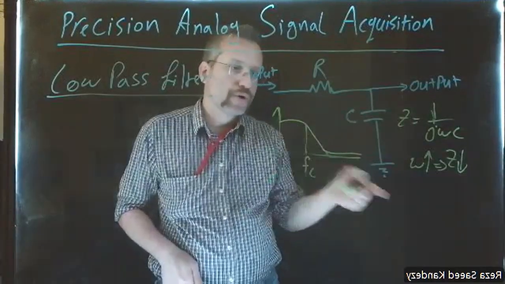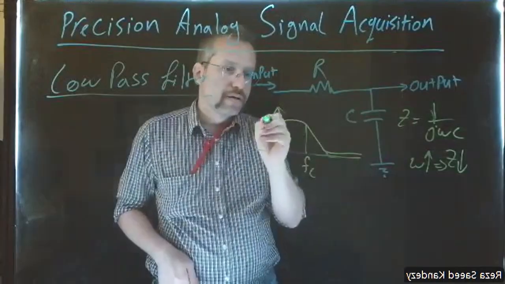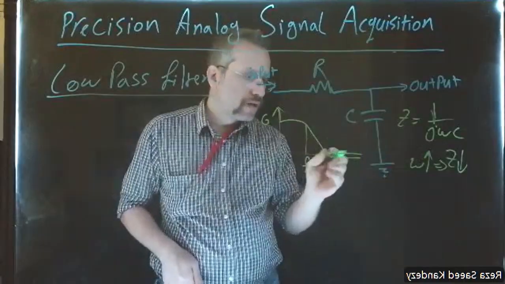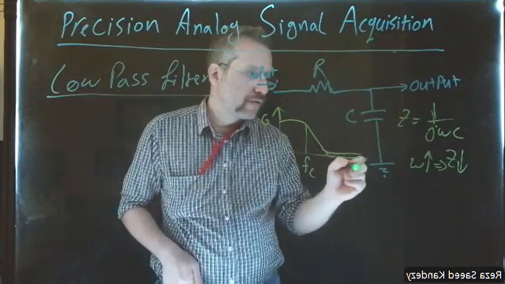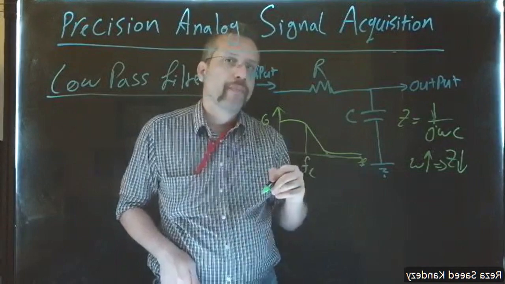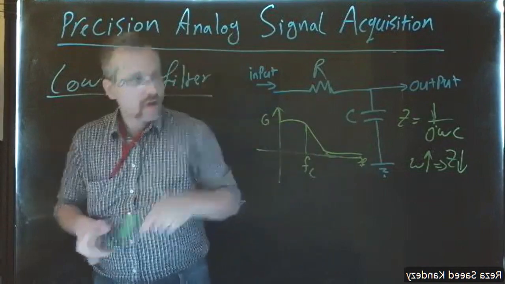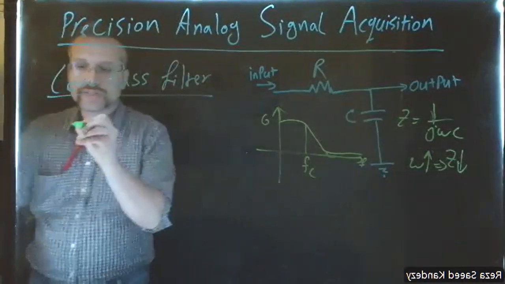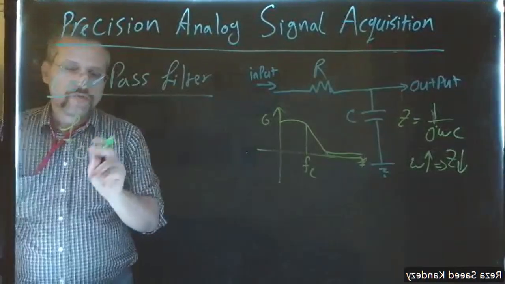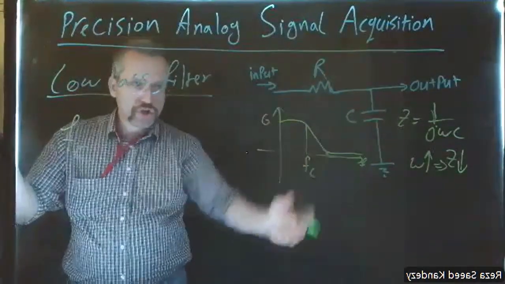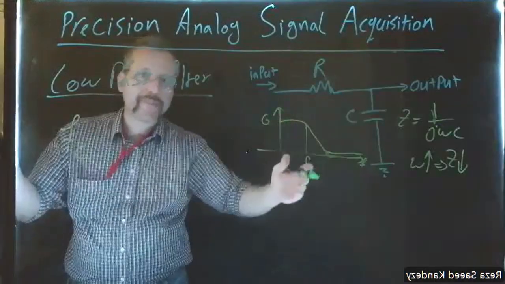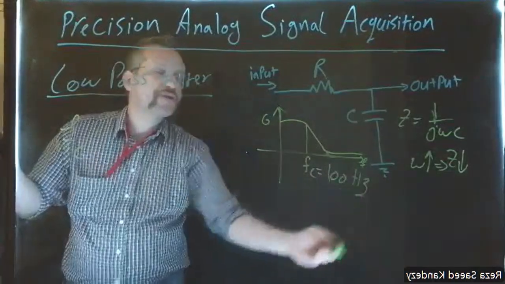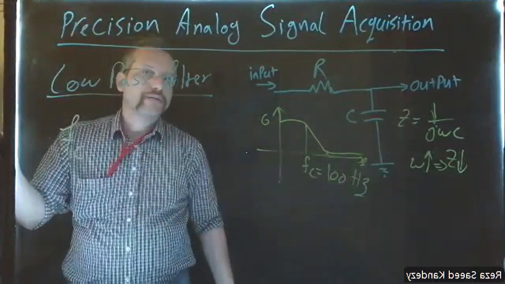Okay, so this is how it works. This is the gain of our filter, and this is going to be the frequency of our circuit. Now, how we could design that is very simple. The cutoff frequency, which is the desired margin that we want. So, for example, we could say, I want everything after 100 hertz to be eliminated or attenuated.